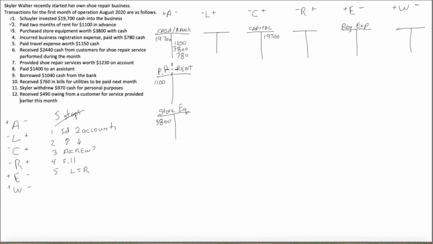And it's always a good thing to remember, down here, we know left equals right. So we have a good chance that if we don't know which, it's going to be on the left-hand side, because we know for sure the cash went down. That we know. So if we look over at the registrations, did our expenses go up? Yes. Keep in mind though, if you look at the ALCREW, where the E is, the increase is on the left-hand side and the decrease is on the right-hand side.